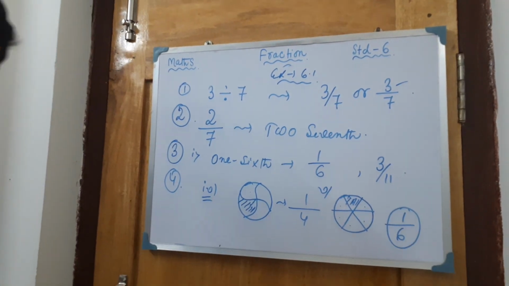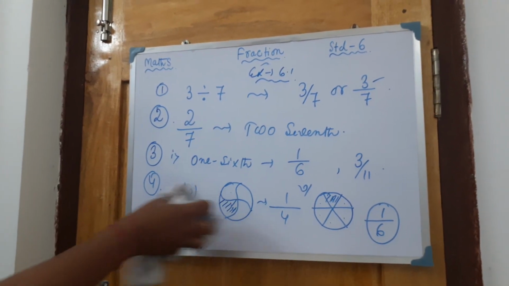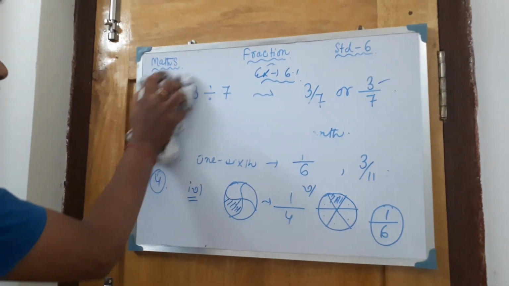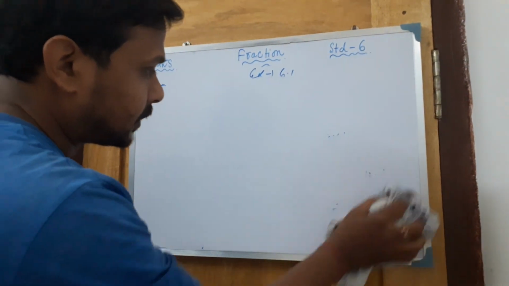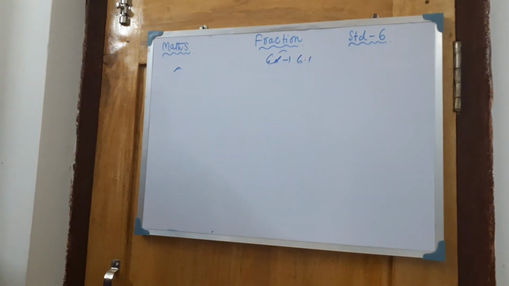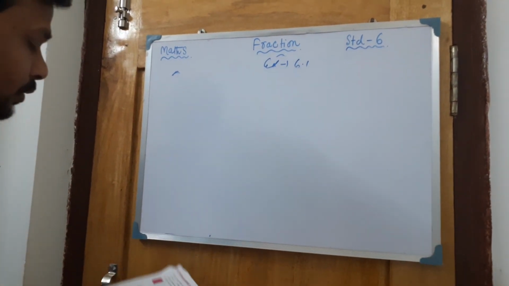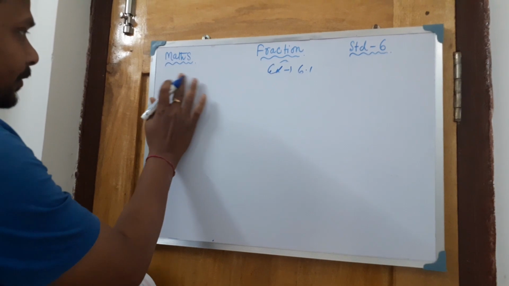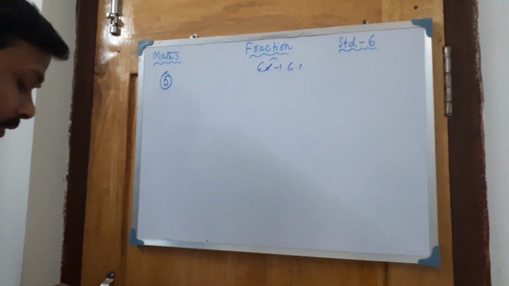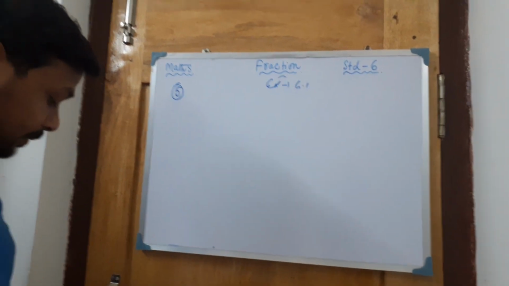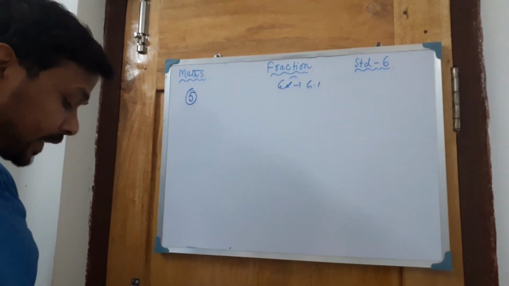Now the next one is the opposite of this fourth question. The fifth one is there. In the fifth one, what is the actual question given to you? If you have the book, you can see from there: shade the part of the following figure according to the given fraction.